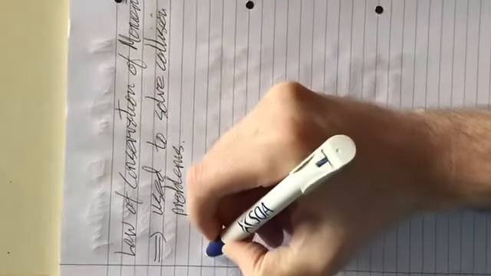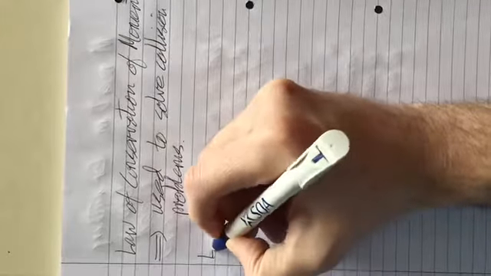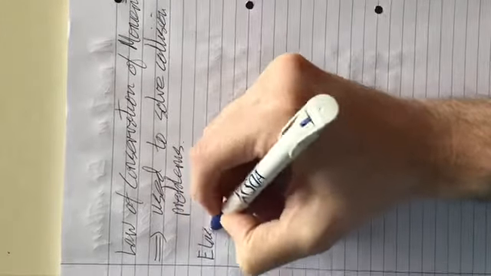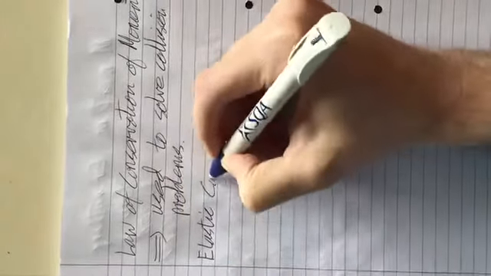There are two types of collision. The first is the elastic collision.